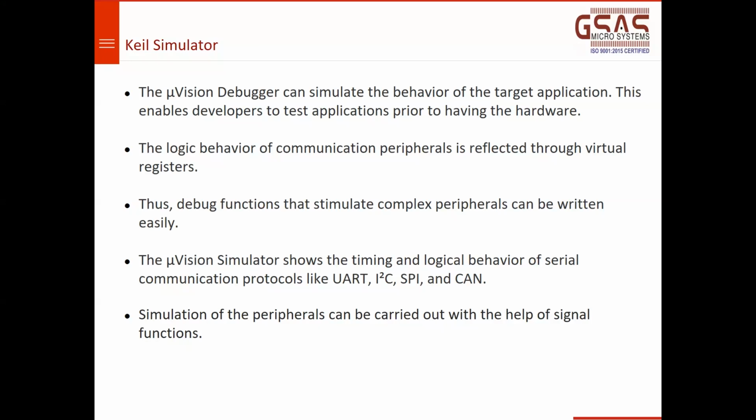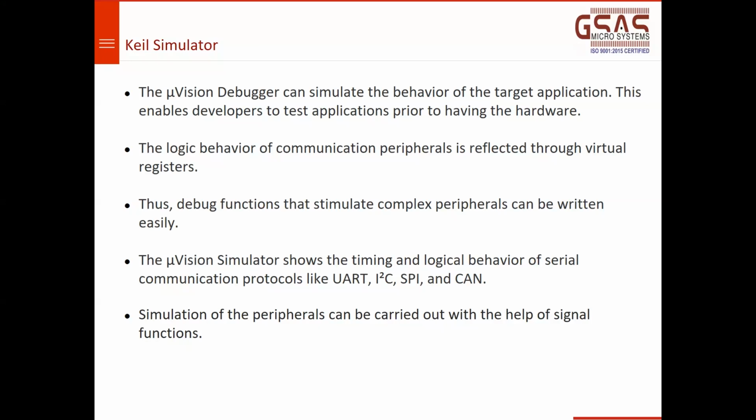So a thought may come to your mind: how is she saying that you can simulate all this? Because these peripherals can only be simulated when data comes on a specific pin of a controller. Suppose you want to ensure that the data you sent from the processor has gone out to the UART, how do you test it in hardware?